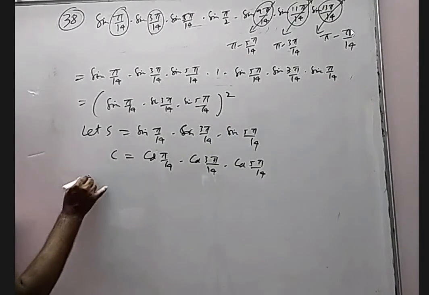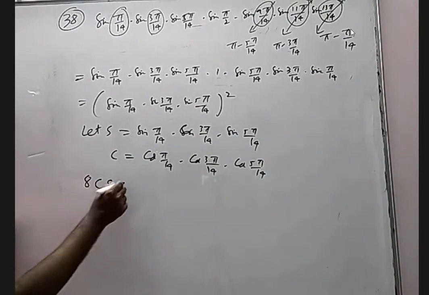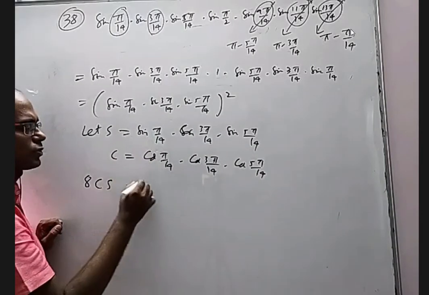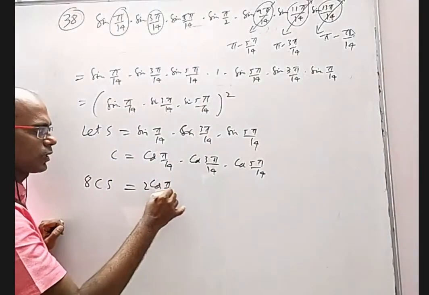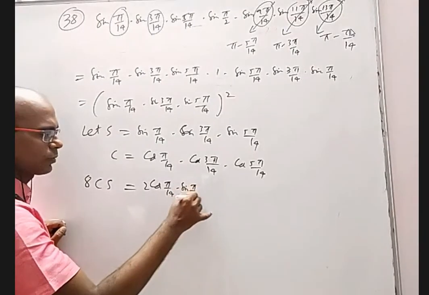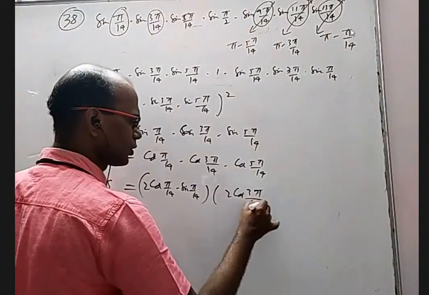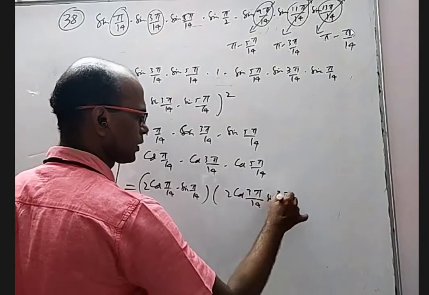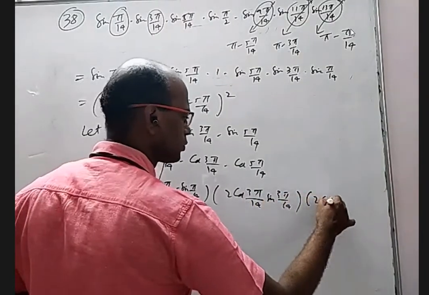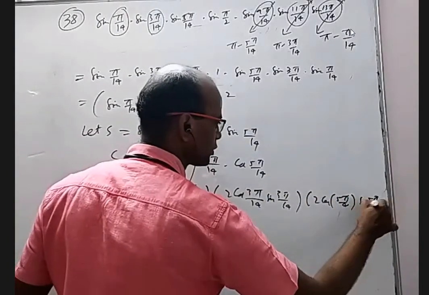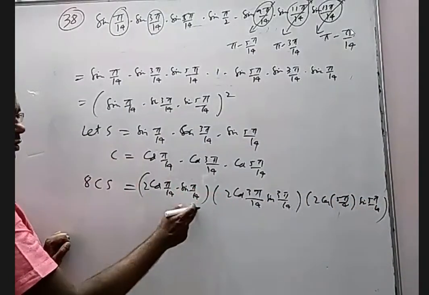I am going to take 8CS, 8 into C into S. Why I am taking 8 is that I want to use the sin 2 theta formula. So this is 2 cos pi by 14 sin pi by 14, 2 cos 3 pi by 14 sin 3 pi by 14, and 2 cos 5 pi by 14 sin 5 pi by 14. 2 sin theta cos theta is sin 2 theta.